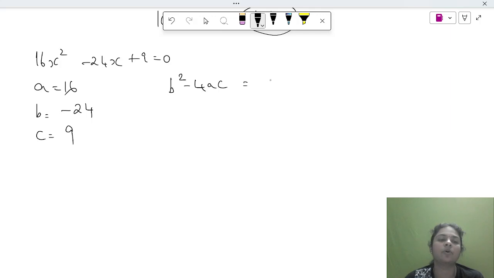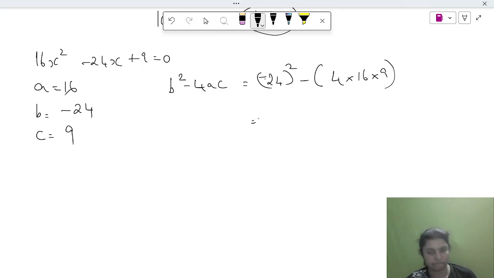Okay. So let's do b square minus 4ac: minus 24 the whole square minus 4 into 16 into 9. So the answer is 576 minus 576.